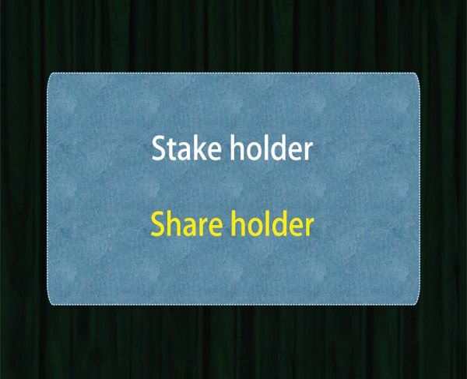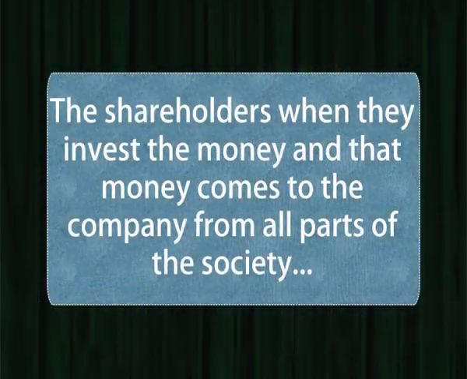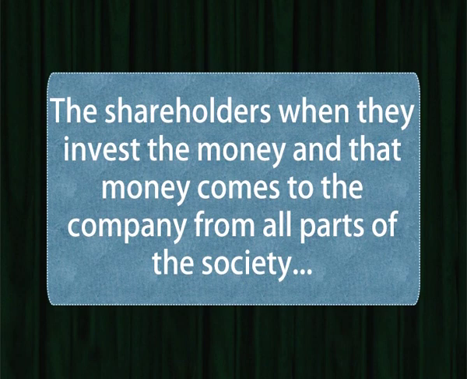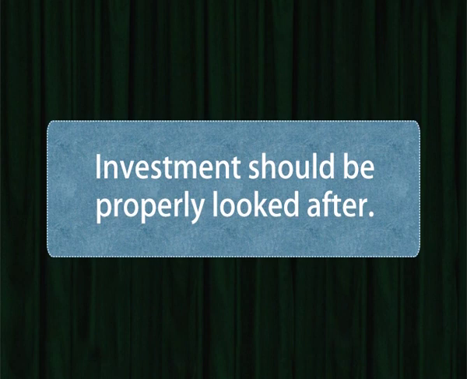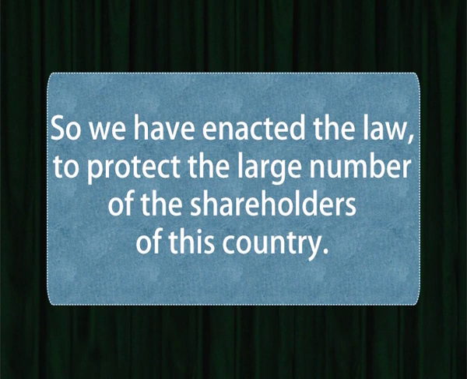Stakeholder is an entirely different word from shareholder. Since a large number of people are associated with the company form of organization, because shareholders invest money and that money comes to the company from all parts of society, we want their investment to be properly looked after. So, we have enacted the law to protect the large number of shareholders of this country.